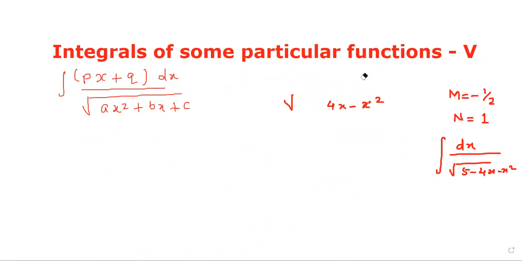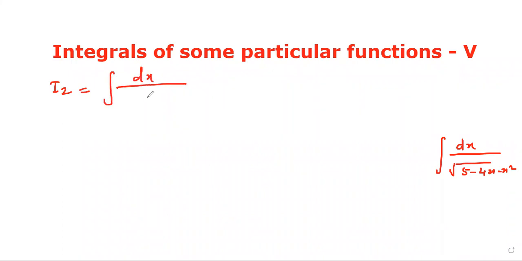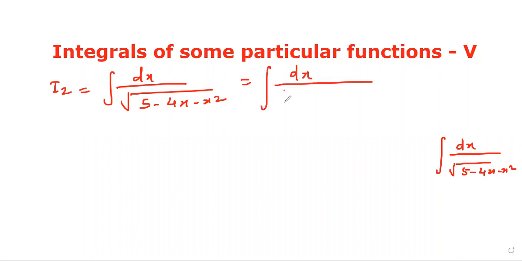So I2 is integration dx divided by square root of 5 minus 4x minus x square. Now we try to complete the square. So integration dx divided by root of 5 minus within bracket (4x plus x square plus 4 minus 4).